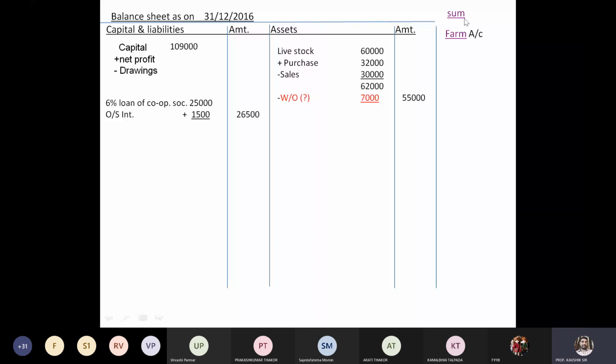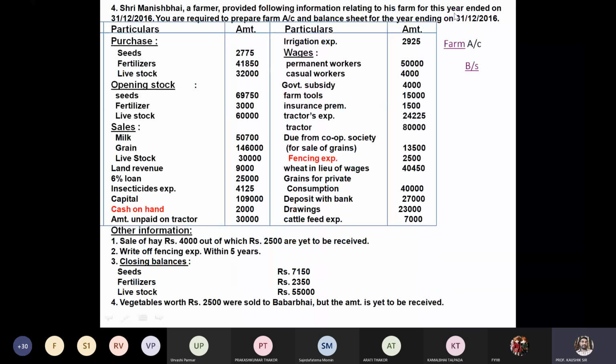Go to the sum again. Cash on hand 2,000 as an asset. It will be indicated in the balance sheet. Here we have to clear adjustment number 1. Sale of hay, rupees 4,000, out of which 2,500 are yet to be received.